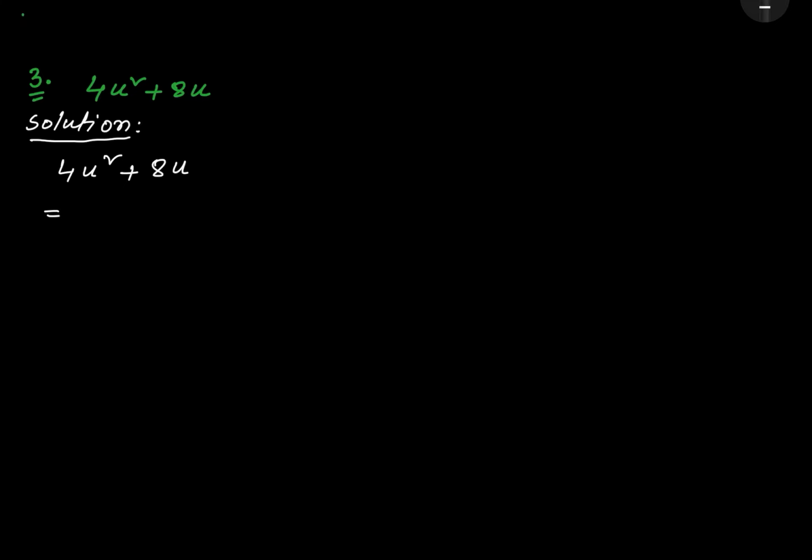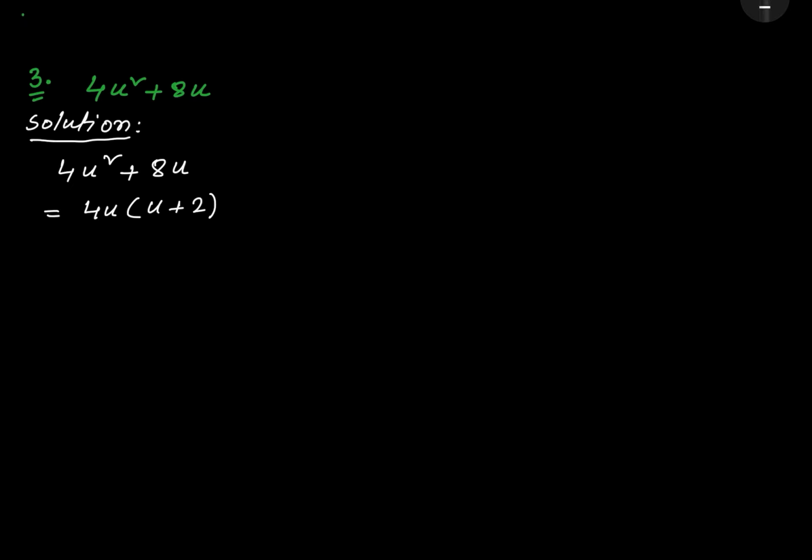Now take common 4u. So it will be u plus 2. Again it is a product of two numbers. One is 4u, another is u plus 2.